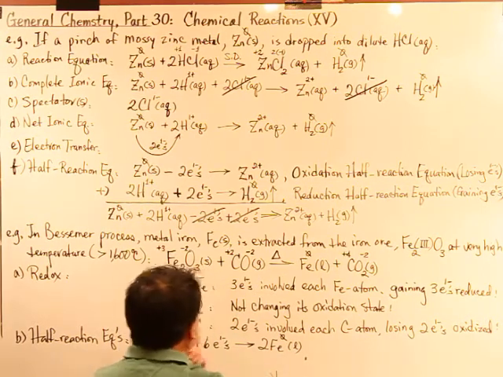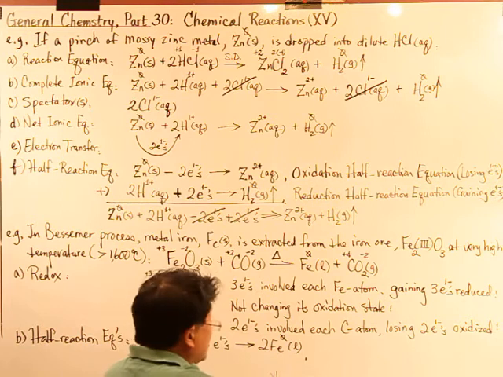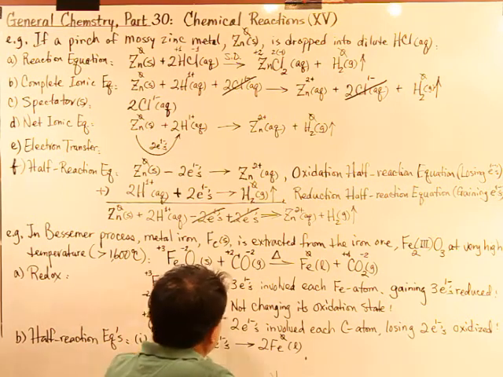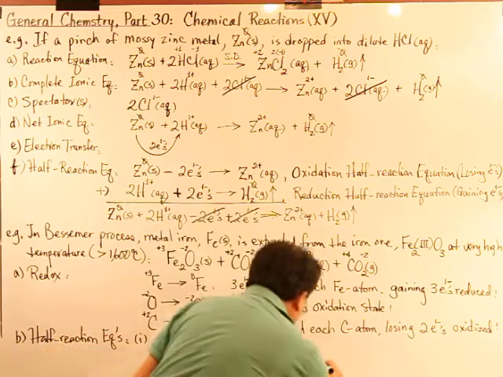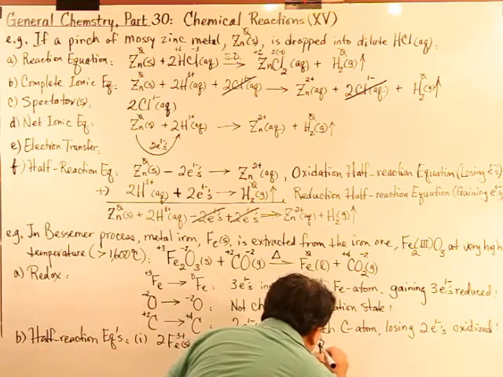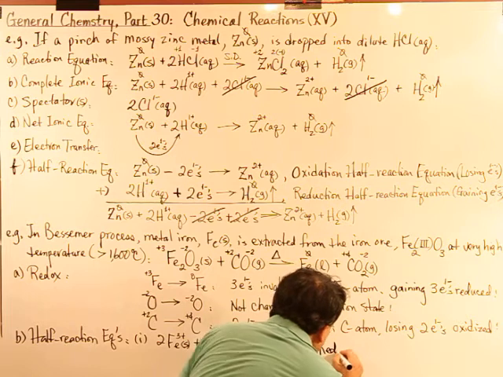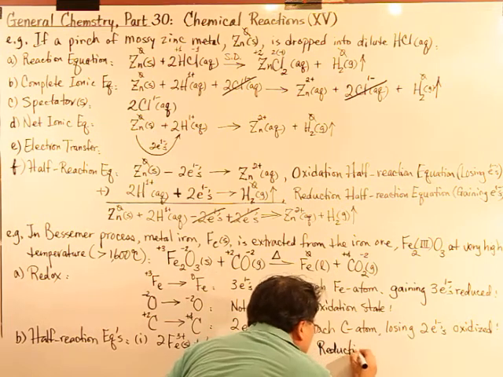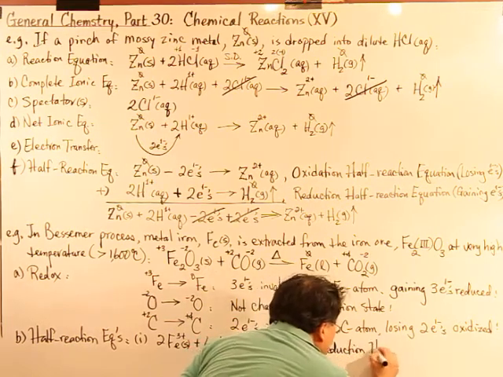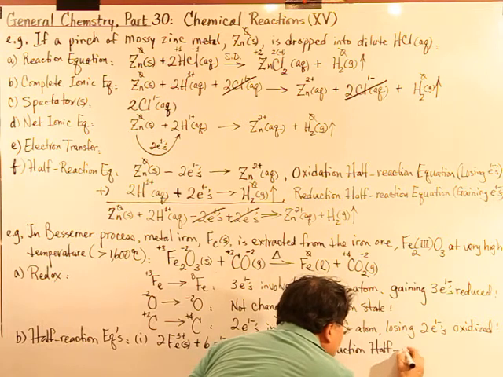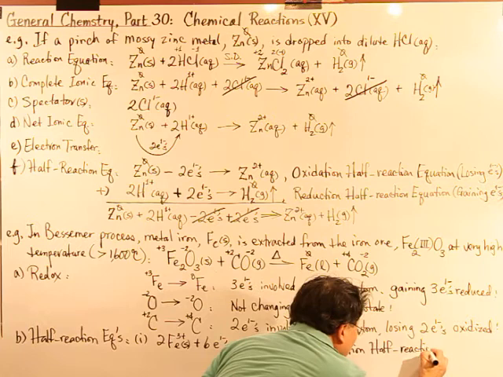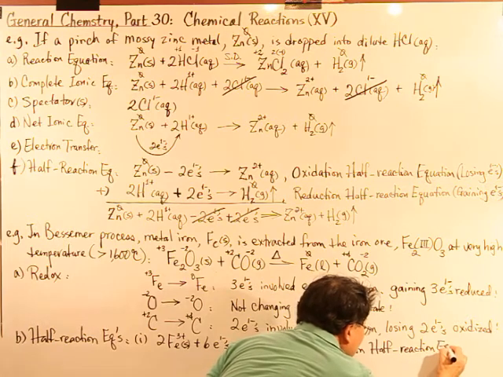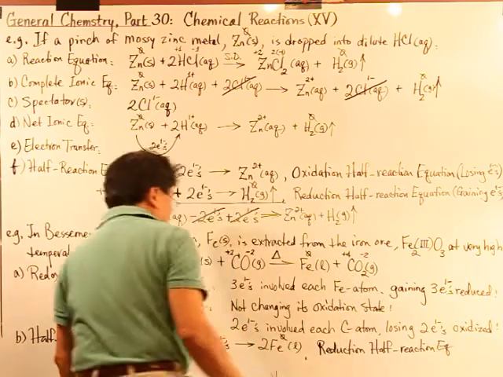You gain electrons, you become reduced. So this is a reduction half-reaction equation.